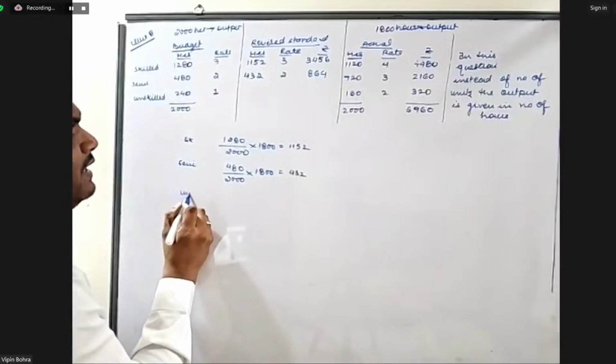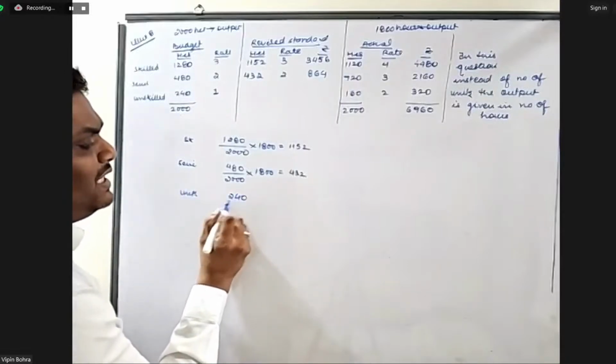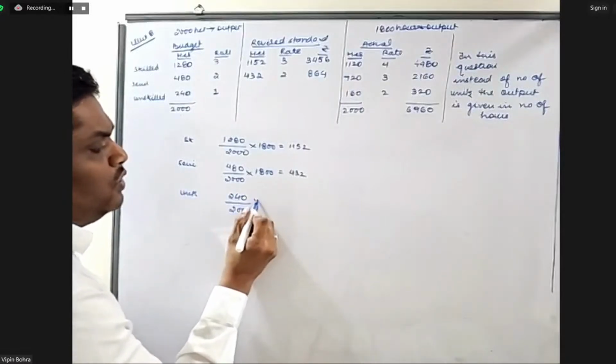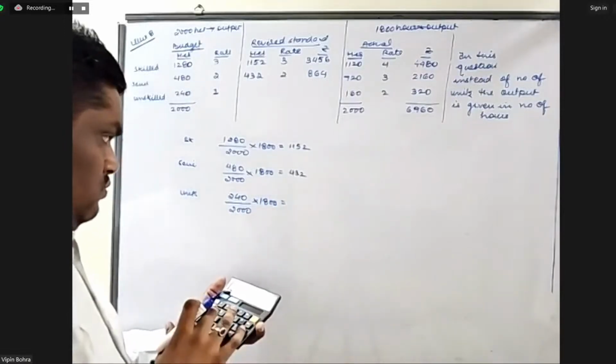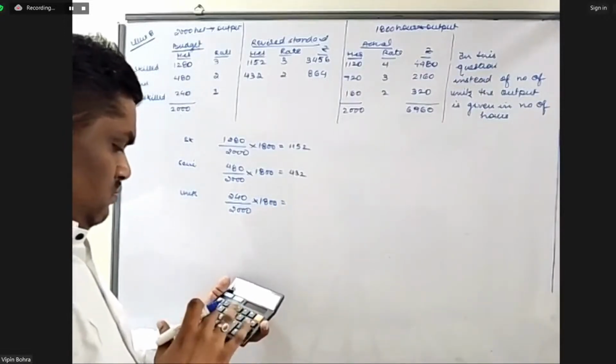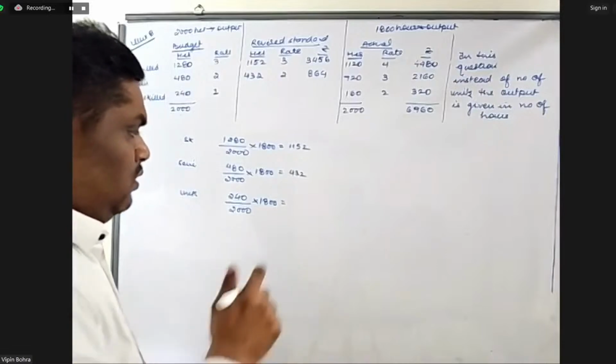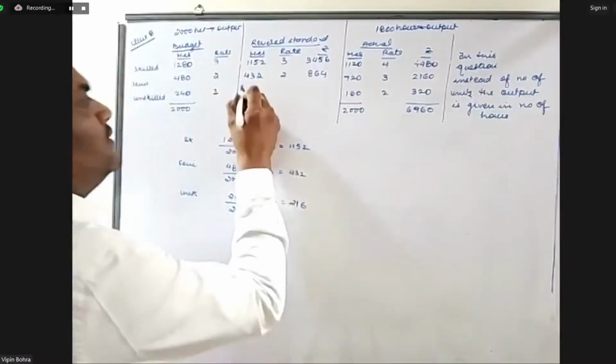And for unskilled, 240 hours for 2000 output. So for 1800 hours output, how much? This will be 216.